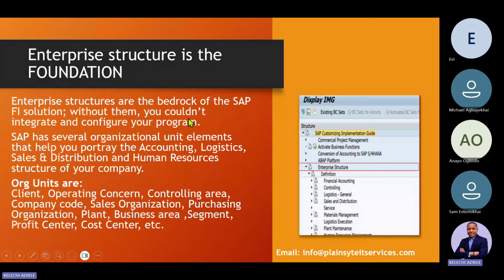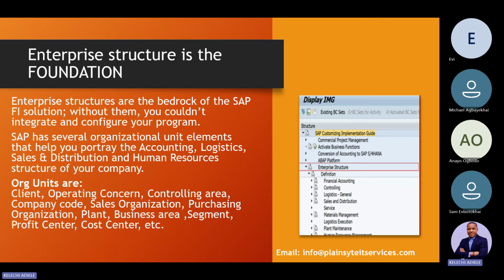Enterprise structures are the bedrock of the SAP FI solution. Without them, you couldn't integrate or configure your program. Guys, it is not about rushing to do configuration. It's about rushing to understand organizational objects and enterprise structures. SAP has several organizational unit elements that help you portray accounting, logistics, sales and distribution and all that.